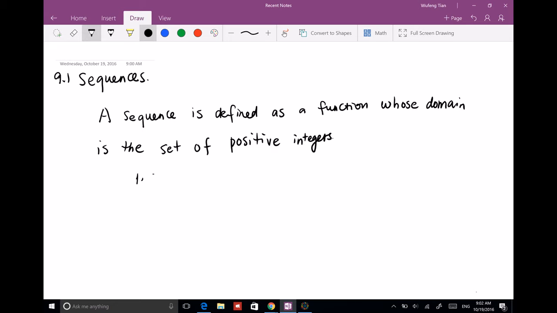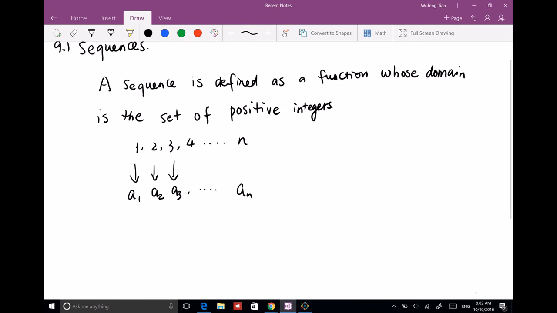For example, 1, 2, 3, 4, and continue to n. Then the domain is 1, 2, 3, 4, 5, 6, 7 until n, and its corresponding terms are a1, a2, a3, continue to an.